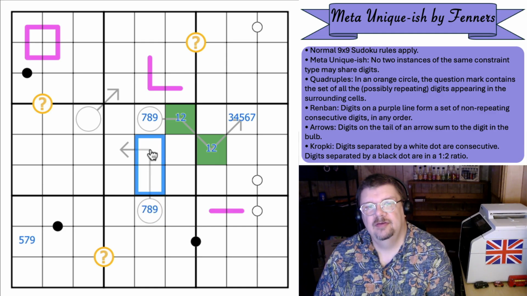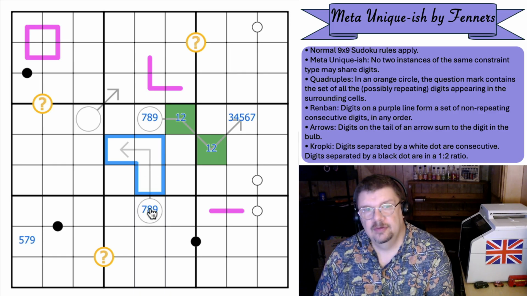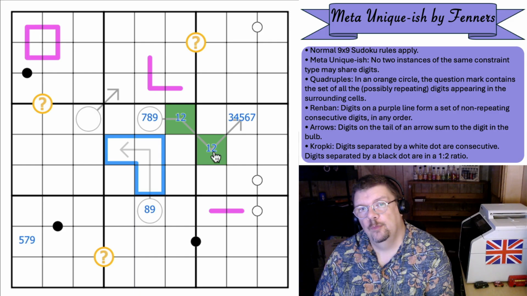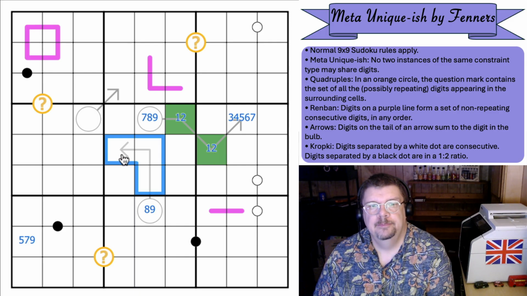Because to be 7, this has to be 1, 2, 4, but 1 and 2 are already used in arrows. So that can't be 7. Can't do 1, 2, 6, because I've got 1 of 1 or 2 used here. So 9 could be 2, 3, 4. Or it could be 1, 3, 5.